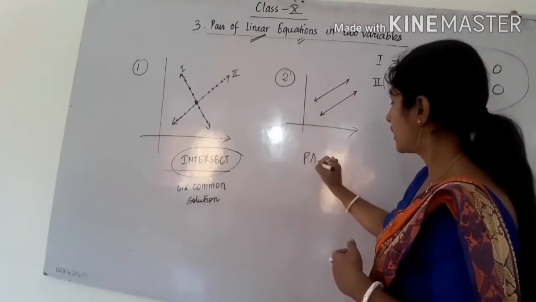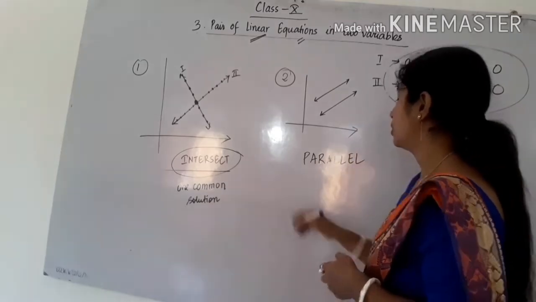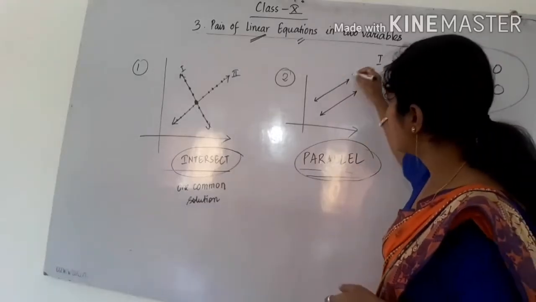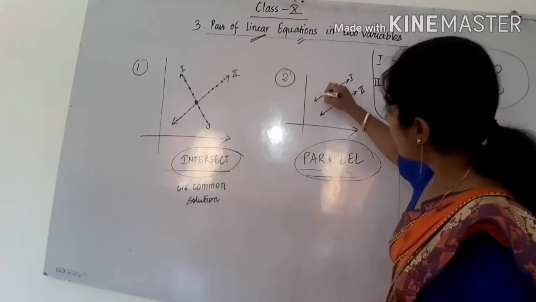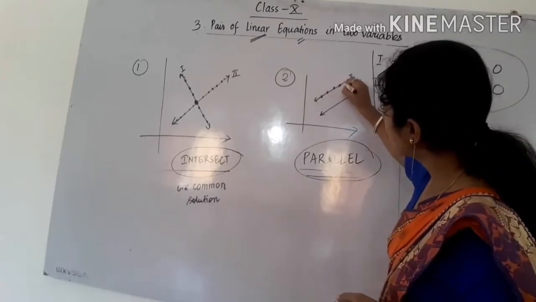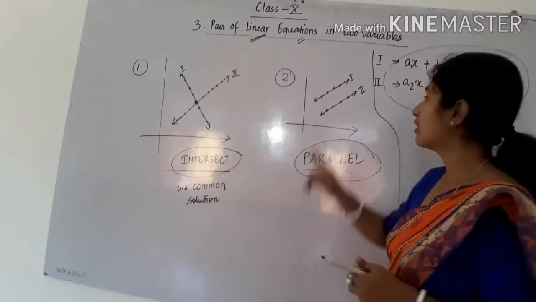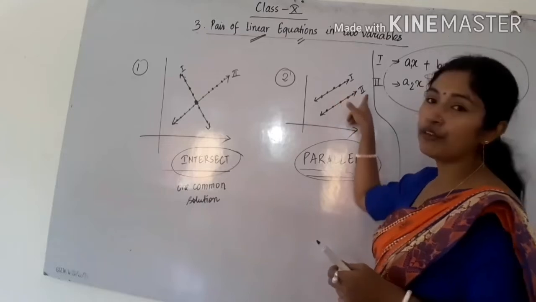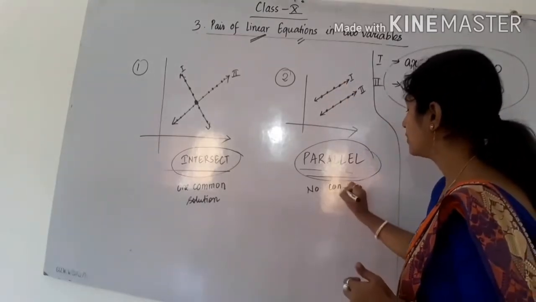So the second condition is that the lines may be parallel. What happens in the parallel condition? See here, suppose this is line number 1 and this is line number 2. Line 1 passes through many points, line 2 also passes through many points. But there will be no common point between 1 and 2, so there will be no common solution.